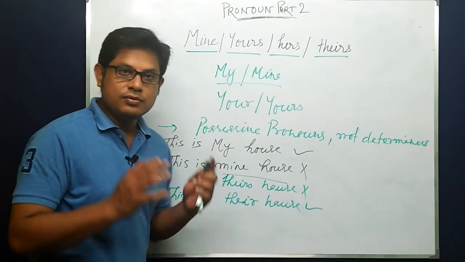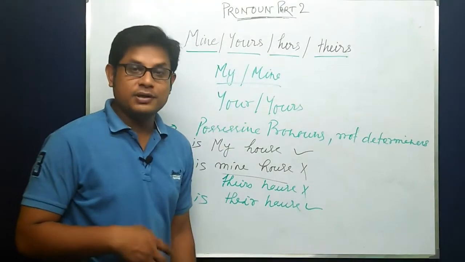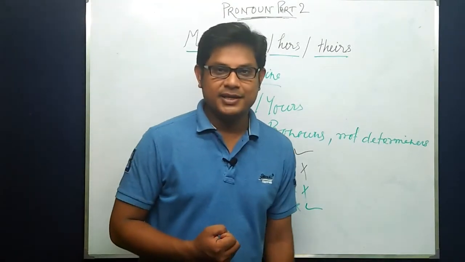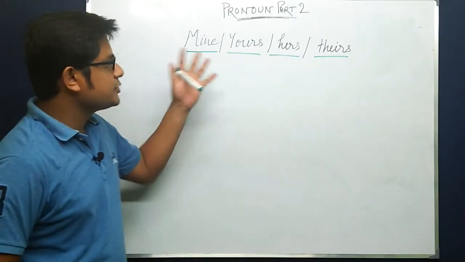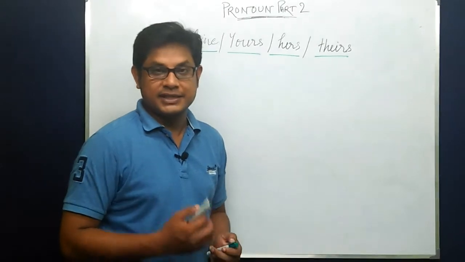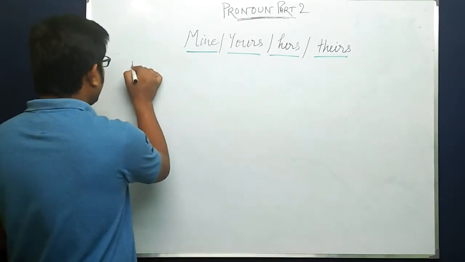So now you already know how not to use these words, but you have to know how to use them. Okay, so let me show you. You can use these pronouns in different ways. Number one, how to use them.